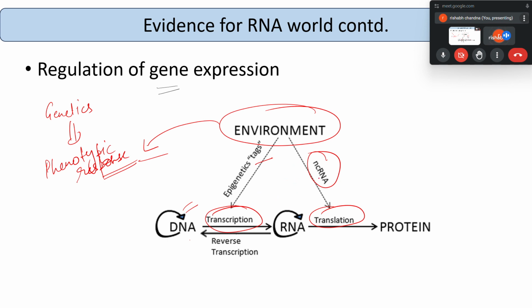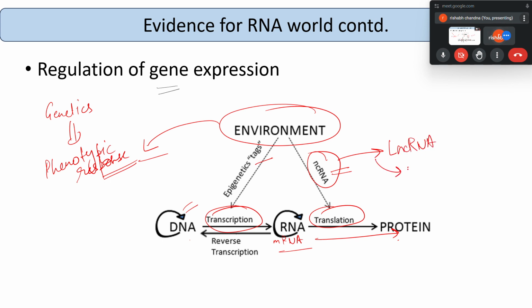Okay, so here mRNA will be a coding RNA because it codes for a protein that yields a phenotypic response. But some of the RNAs are non-coding RNAs that do not yield a protein but help in regulation of various processes. So these non-coding RNAs are long non-coding RNAs, that is lncRNA.